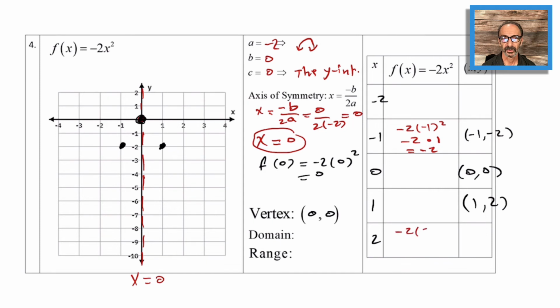The graph is going to open down, and if you take your time, plug in 2, that's going to be -2 times 2 to the second, which is -2 times 4, and that's all the way down to -8. So the ordered pair will be 2, comma, -8. Let's see 2 and -8.